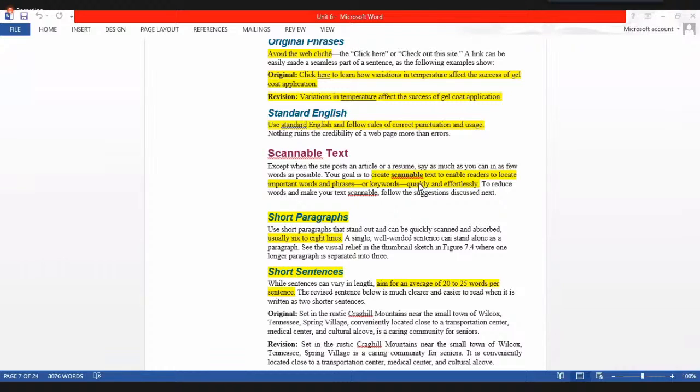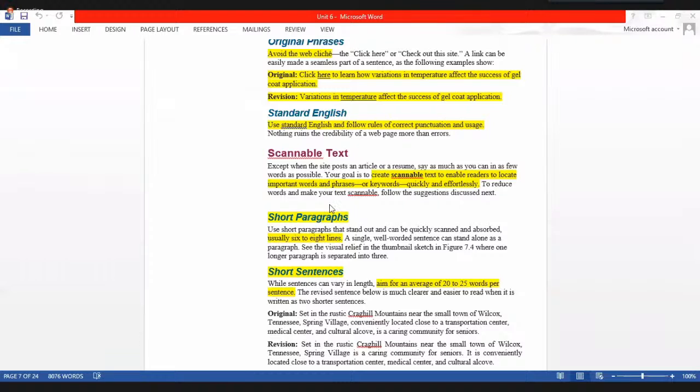So create scannable text to enable readers to locate important words and phrases or keywords quickly and effortlessly. Only then does it become easy for the readers. Readers can easily notice important words and phrases, and thus they become very curious, and then they start reading further.